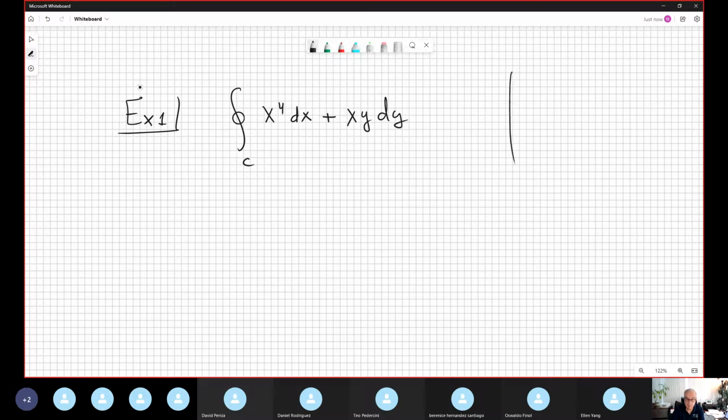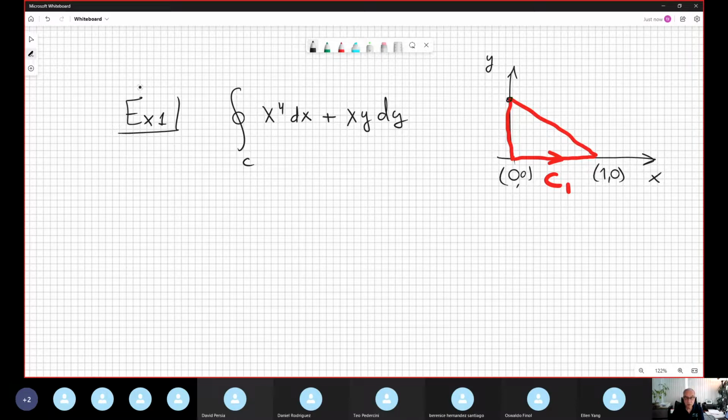Well, C is the curve formed by segments like that and like that, forming a triangle. We have a first segment that I want to call C1, and that is the orientation. This is (0,0), and this is (1,0).